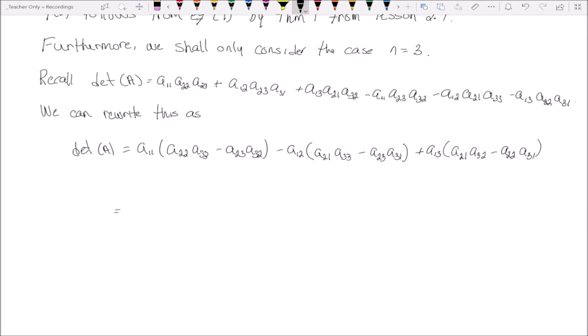But this equals A11 times this determinant, minus A12 times this determinant, plus A13 times this determinant.